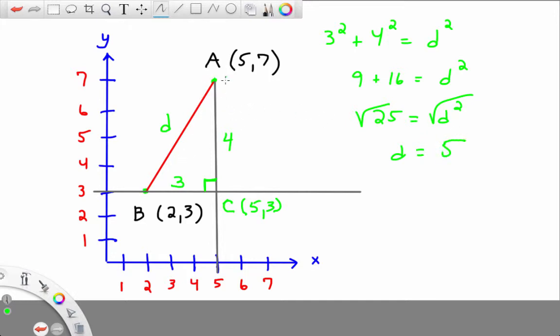Now how do we extend this to any 2 points? Let's start with a clean slate here, and I'm going to draw an XY plane again. But this time I'm going to choose 2 arbitrary points here and here.